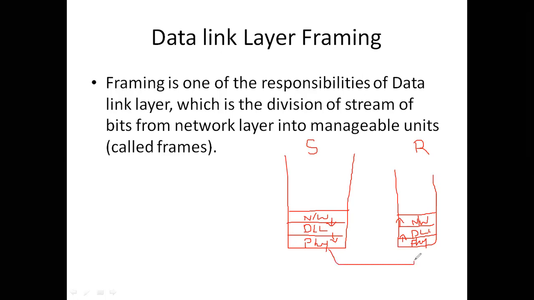At the receiver side, it takes the data in the form of zeros and ones from the physical layer and sends the information to the data link layer as well as to the network layer. So the responsibility of the data link layer is framing. This is the main information about framing.